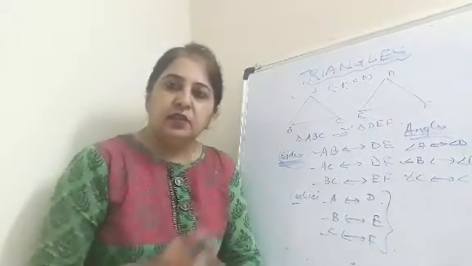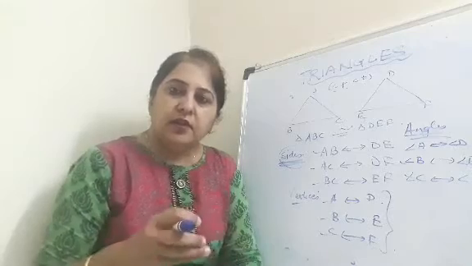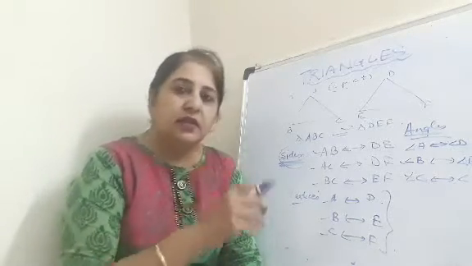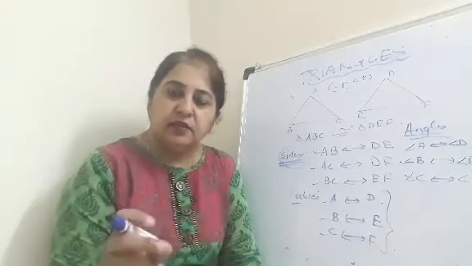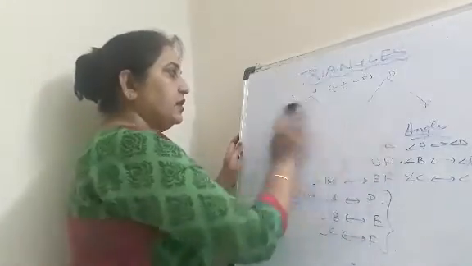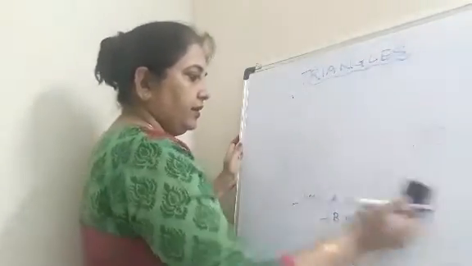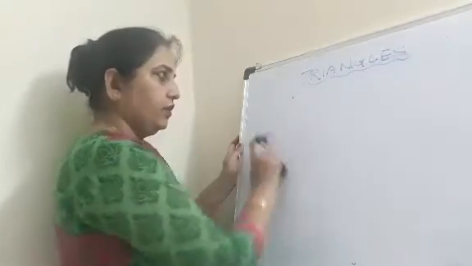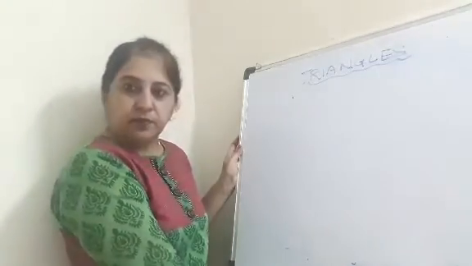Instead of writing the whole sentence, we write just CPCT. This is a short form. I hope all this is clear to you, and we have the different criteria for congruence, right?